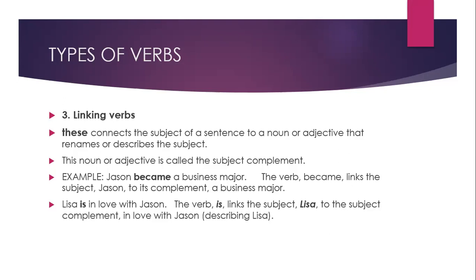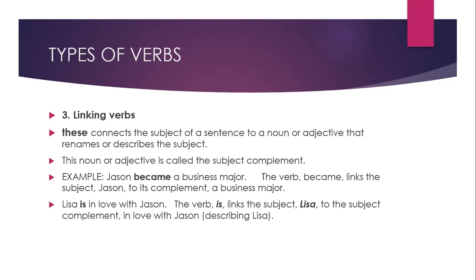So linking, as the word implies, links the subject of a sentence to a noun or adjective that renames or describes the subject. So that is what it is. If a noun comes after the linking verb and connects that part of the sentence to the subject, we'll call that the subject complement.